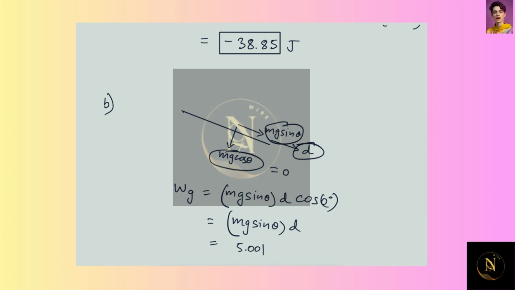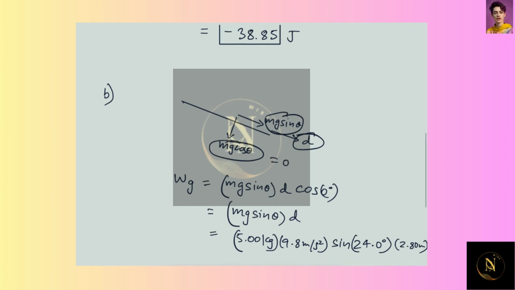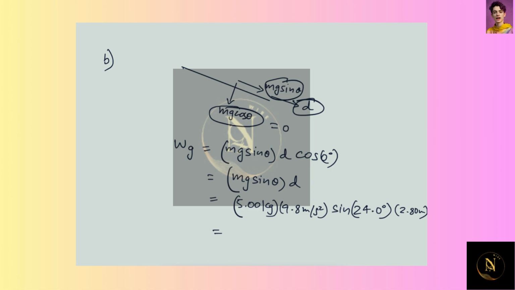Substituting the mass, g, theta, and the displacement, we get 55.8 joule. This is the work done by gravity.